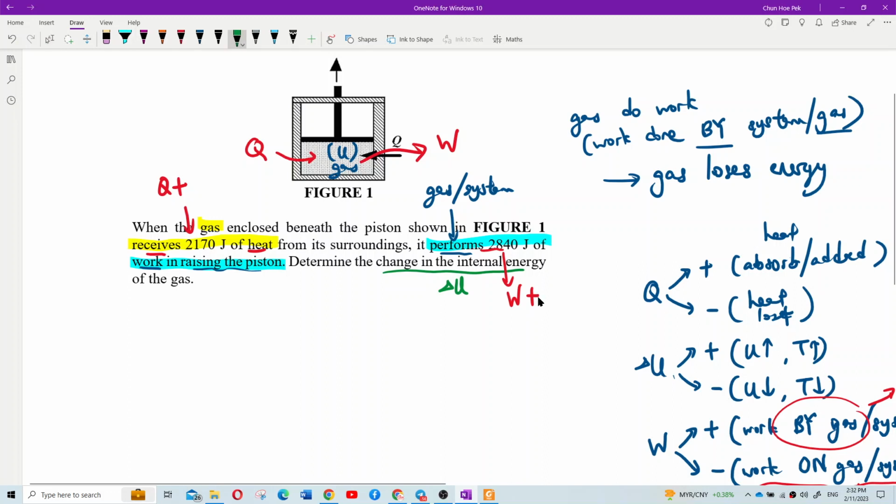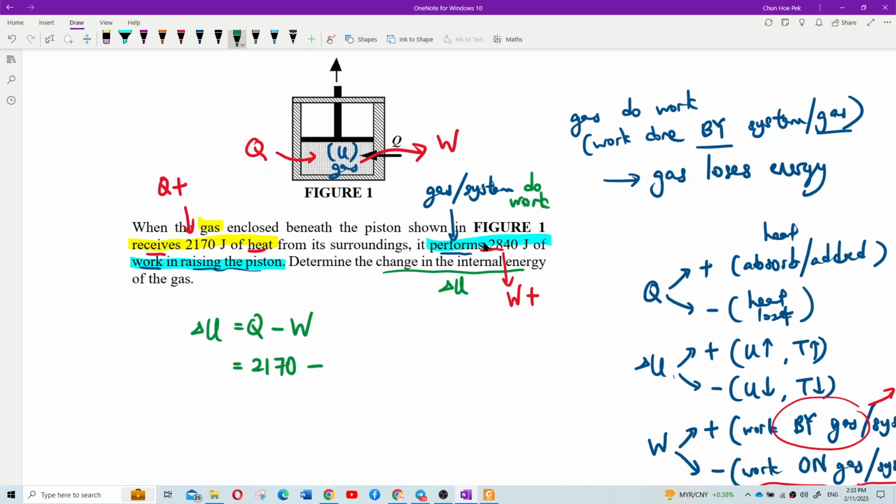Okay. Delta U equal to, what's the formula? Q minus W. Q is positive, so this one must put a positive value: positive 2170 minus W. W is the amount of work performed. Because the gas got do work, gas do work, so positive lah.